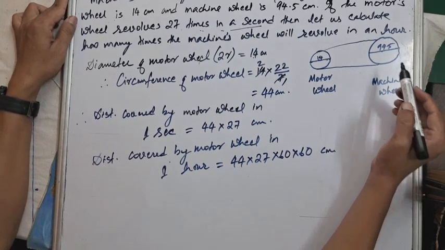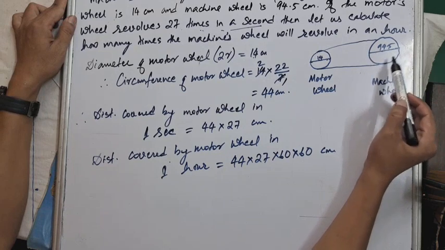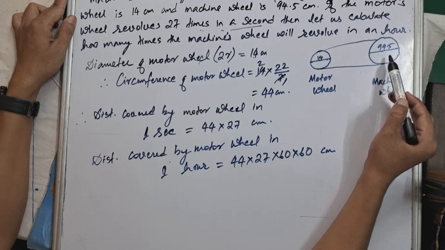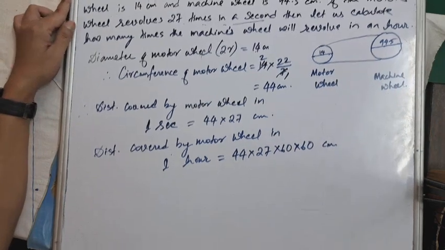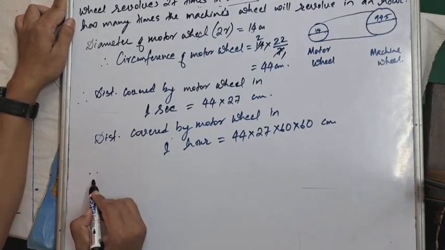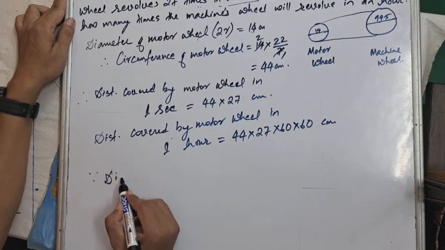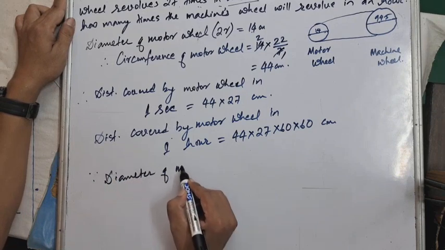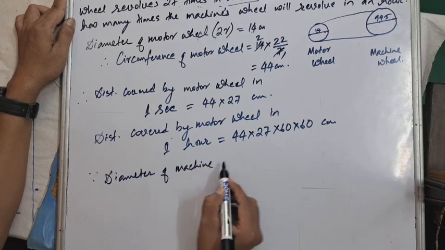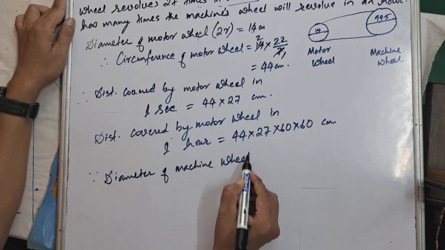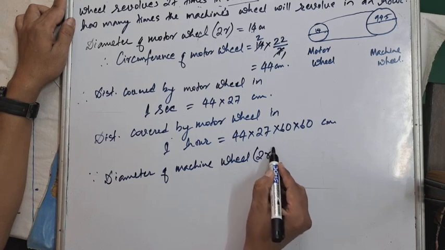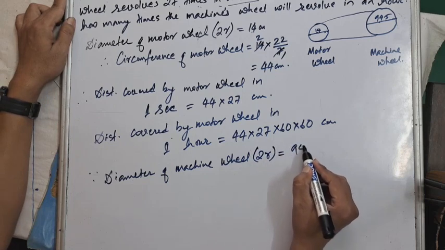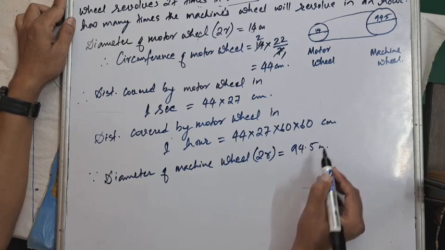Now the diameter of this machine wheel is given to us, 94.5 centimeter. Now let us find the circumference of this machine wheel as well. Since diameter of machine wheel means twice radius, 2 into radius, is 94.5 centimeter.